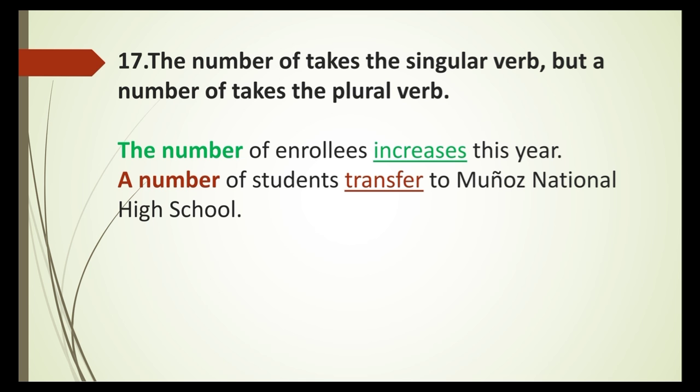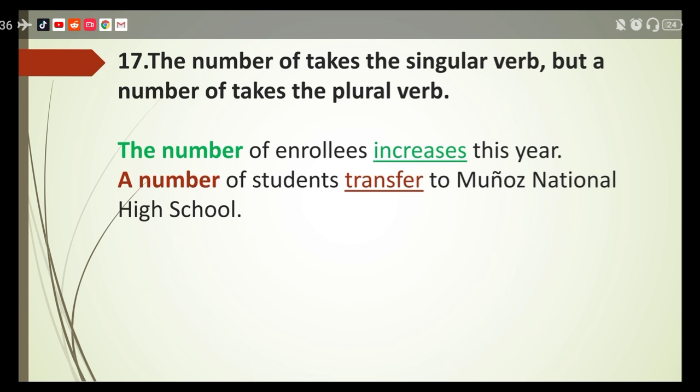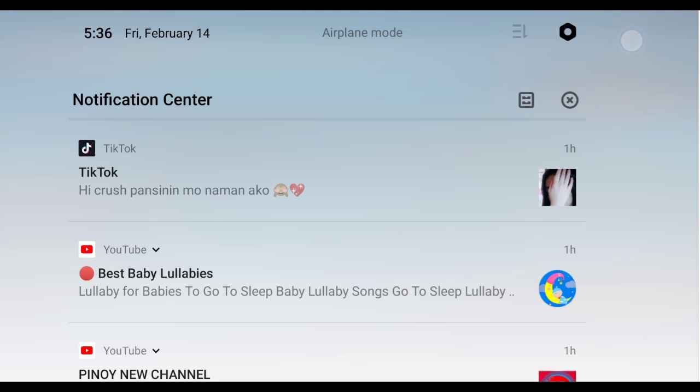Okay, next. Last sentence po tayo. Ito, napakadali lang din tandaan. Rule number 17. The number, kapag nakita nyo yung words na the number of, ayan. The number of takes the singular verb. But when you see a number of, it will take the plural verb. So, paano ba siya? Okay, so ganito lang siya.